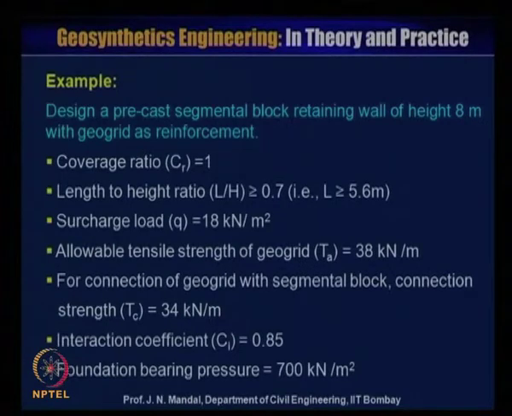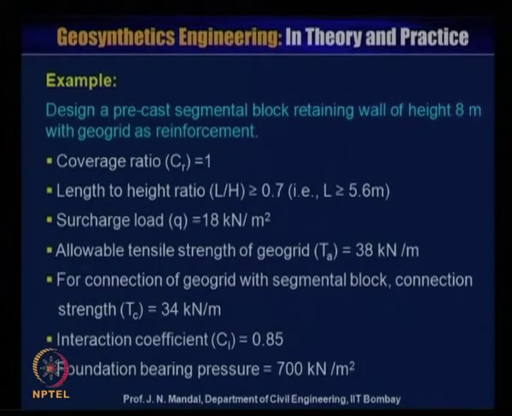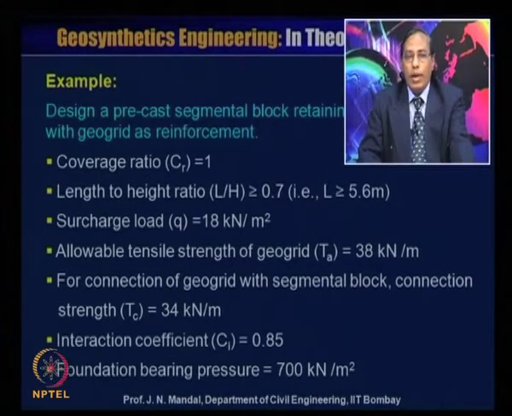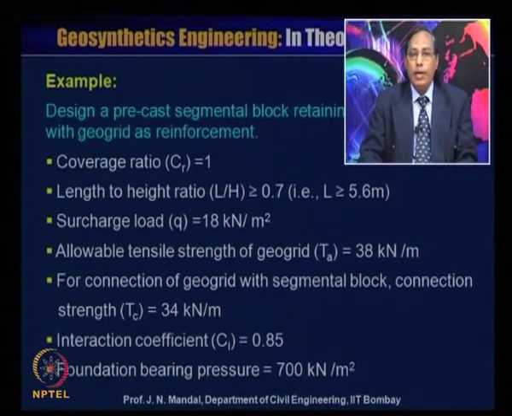Now, we will give one example, that is design of a precast segmented block retaining wall of height 8 meter with geogrid as reinforcement. In this problem, it is given that coverage ratio, CR, is equal to 1, length to height ratio L by H greater than or equal to 0.7, that is L should be greater than or equal to 5.6 meter.